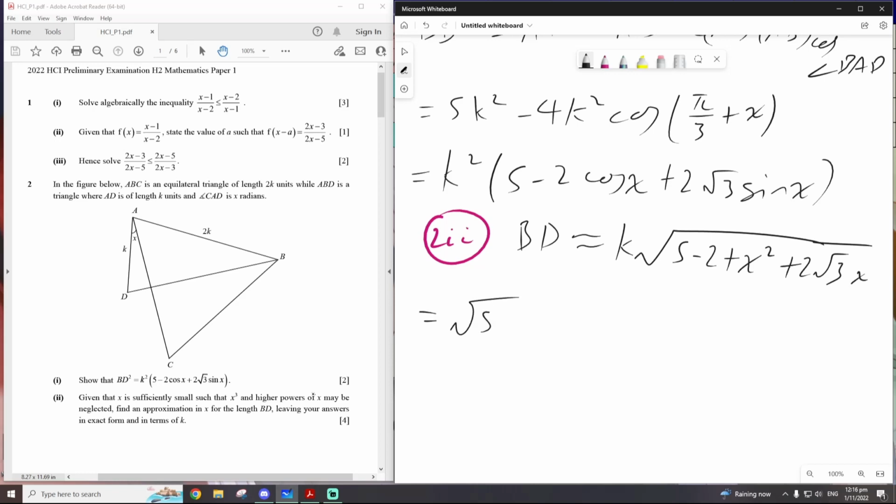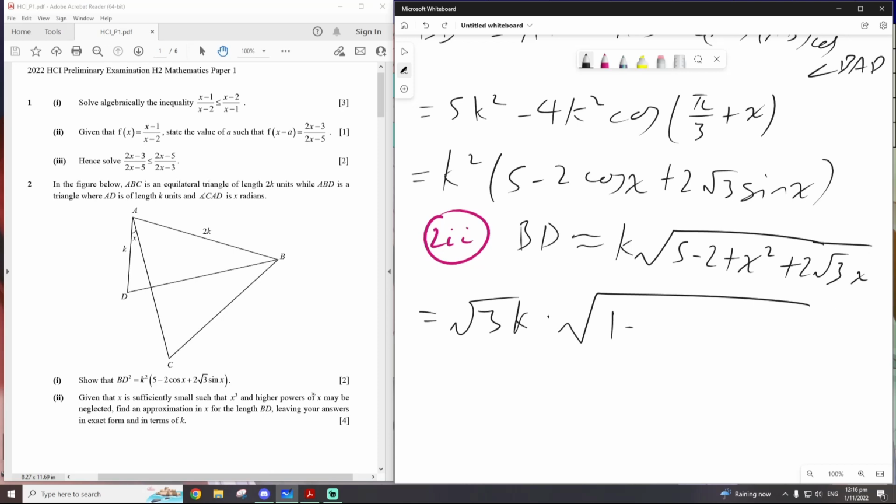We have root 5k, and we have times the square root of 1 minus, oh actually no, sorry, 5 minus 2 is 3. So we want root 3. Okay, 1 plus, let's put the x first.